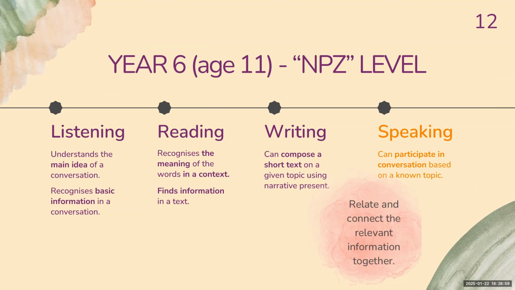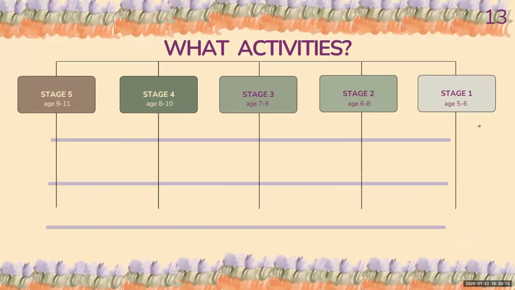Everything, all of that is based on how the student can relate and connect the relevant information together. So what are the activities that we can do in order to get to that stage? Let's first go quickly through the basic activities so that you will get the big picture of what it is, and then I will also present you the examples of how children did it in a classroom.